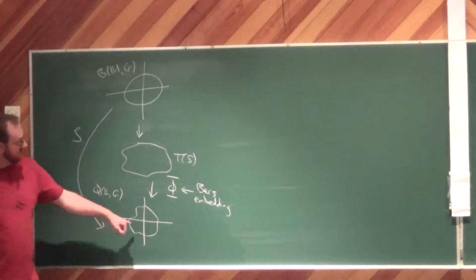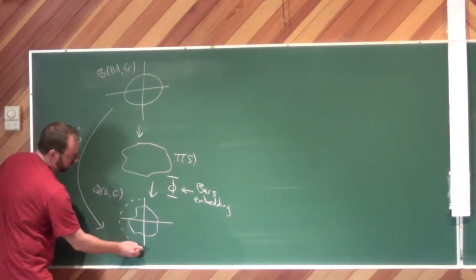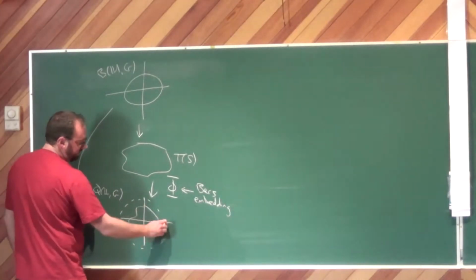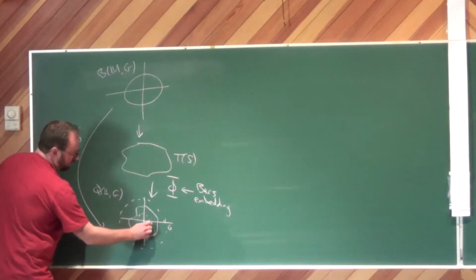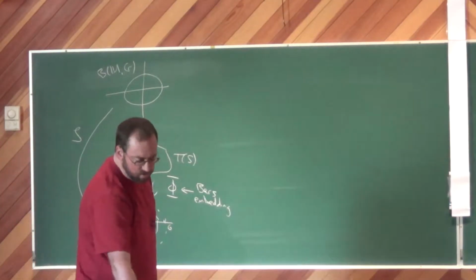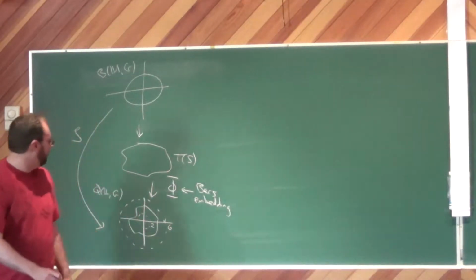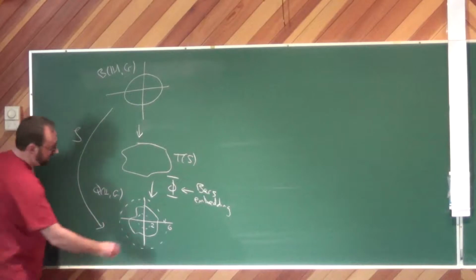Now, the image here is contained in a ball of radius 6, and it contains a ball of smaller radius. What we can do now is find a section for the Schwarzian derivative map, or the Ahlfors-Weill section, which is defined in here.